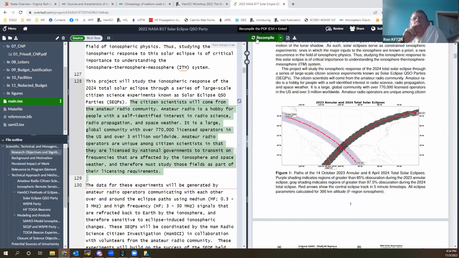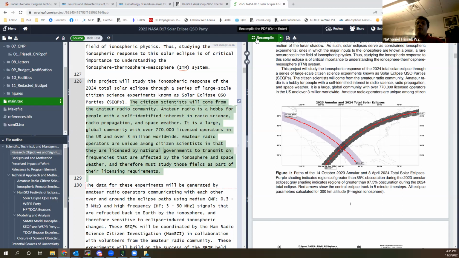One of the things we have to remember here with this as a NASA proposal is that the first thing NASA really cares about is the science. NSF tends to be a little more into broader impacts, but NASA cares about the science, number one. And number two, if this gets funded, it's likely to be funded from the citizen science section of NASA, and they'll care a little more about some of these details.